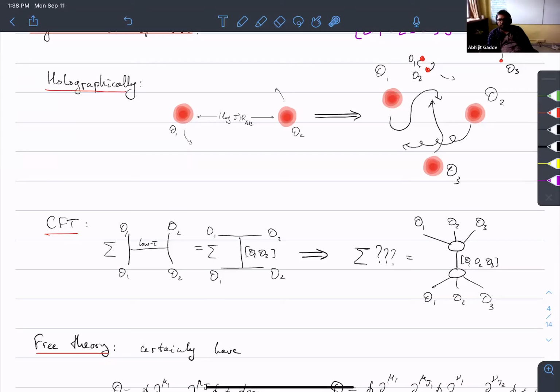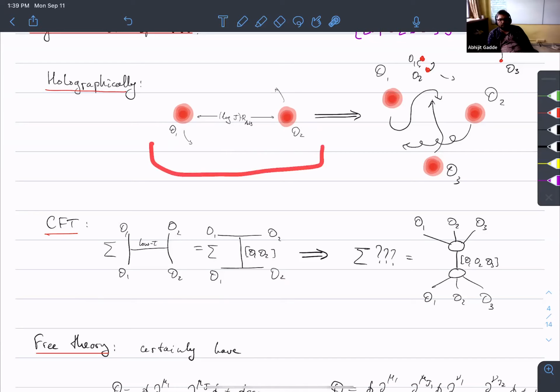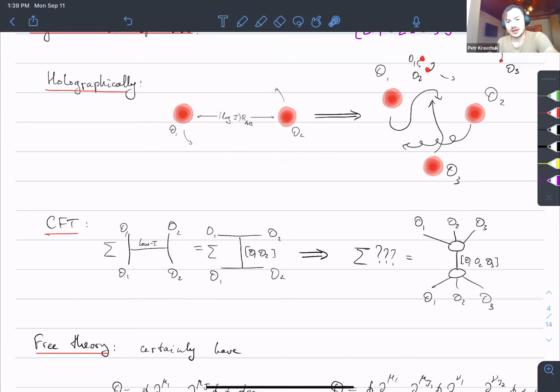And I don't know how seriously one should take this blobs picture for, say, double twist operators. For me, the solid foundation for these double twist operators is in terms of crossing equations, inversion formula. But that's certainly a good intuition.